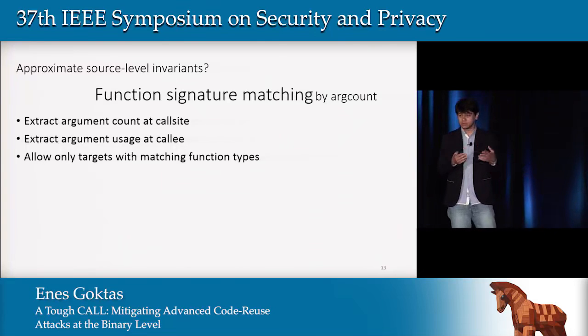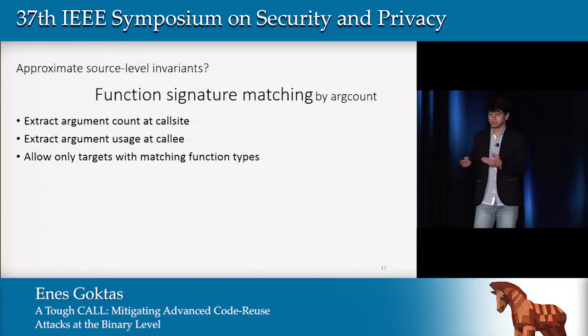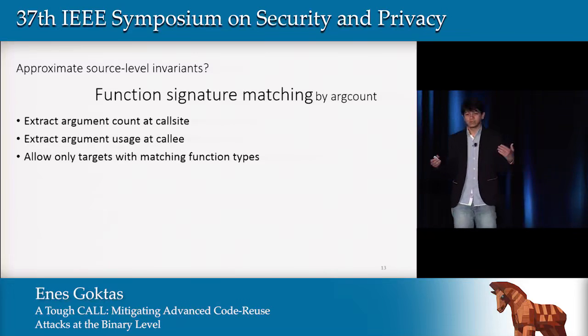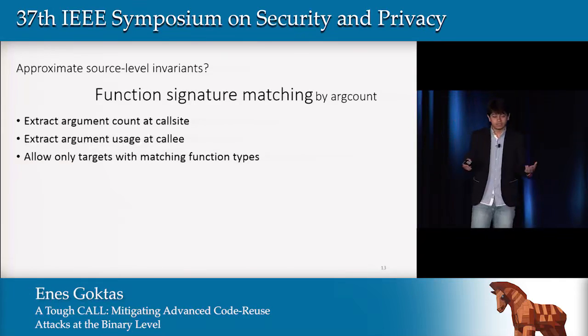We do a similar thing at the functions, where we look at arguments being used. Once we have this information, we mark the indirect call sites and the functions with the argument count, and then we perform some matching.